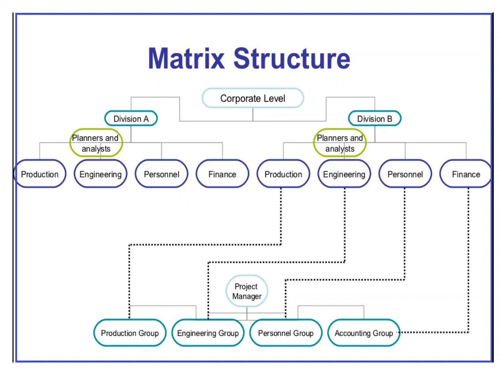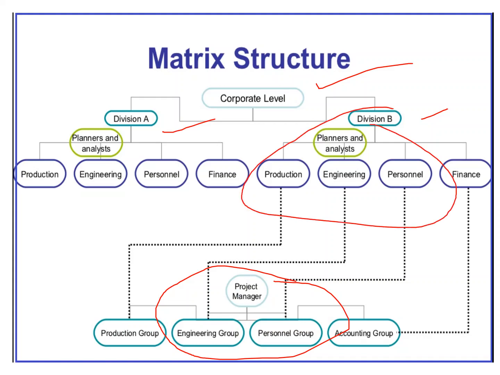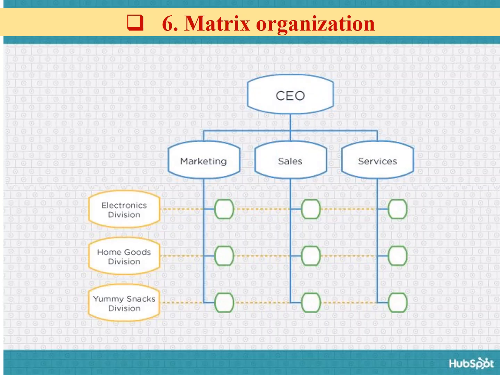One more matrix structure is at the corporate level. Division A, division B: this is a combination of the divisional, line and functional. Okay, this is the project management, this is the divisional structure, and this is the line structure. That's why it's a matrix structure. Under this, one more example: the CEO, with a specialized team of marketing, sales, the staff structures.